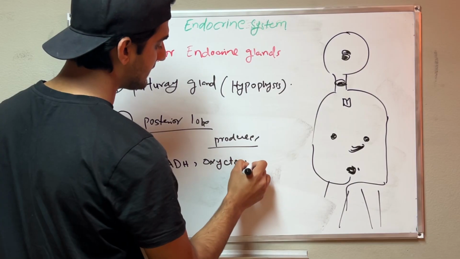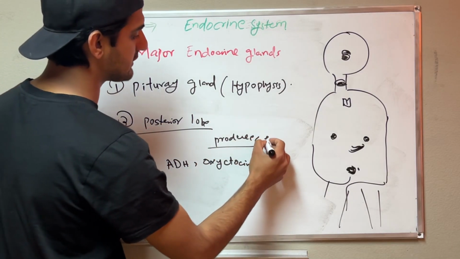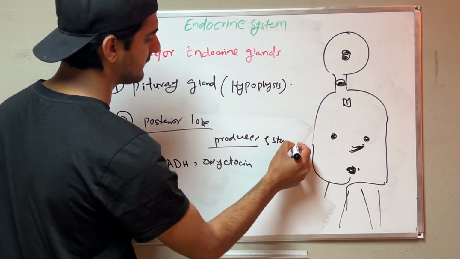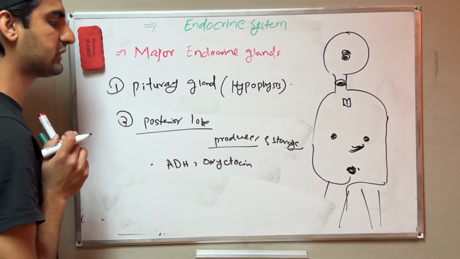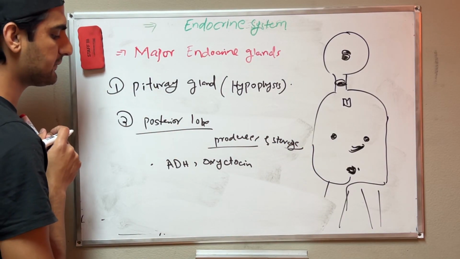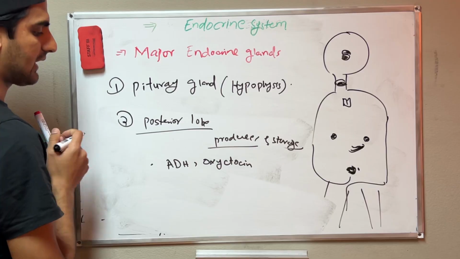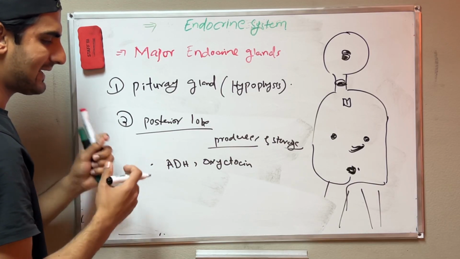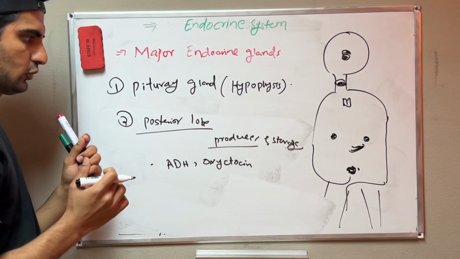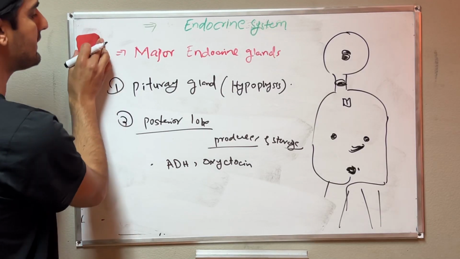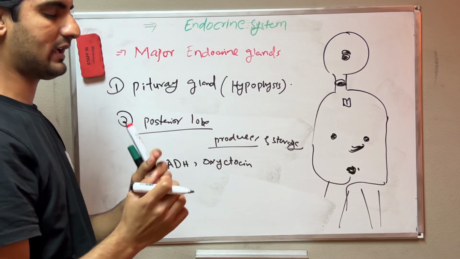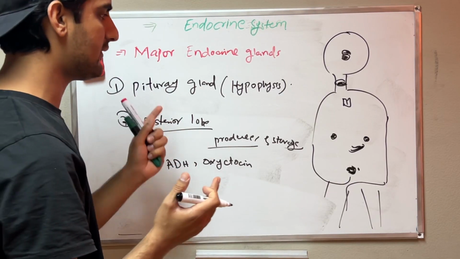But here it is different: here these hormones are produced and stored. These hormones also make the sleep-wake cycle. Now this is everything about the location and the hormones produced by the pituitary gland.